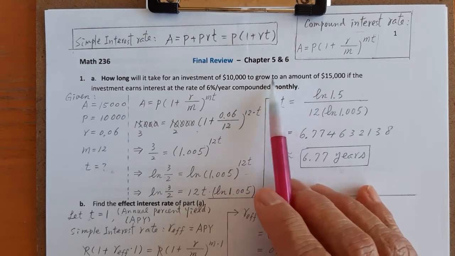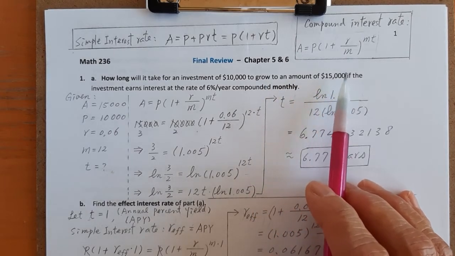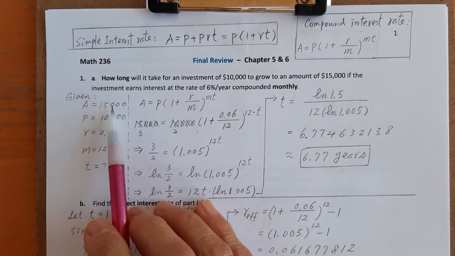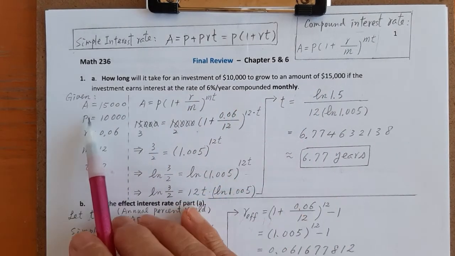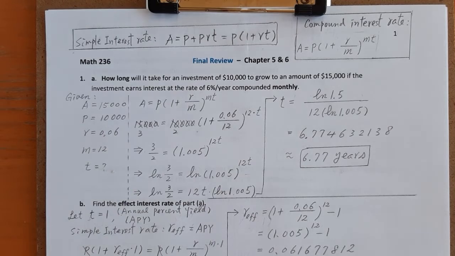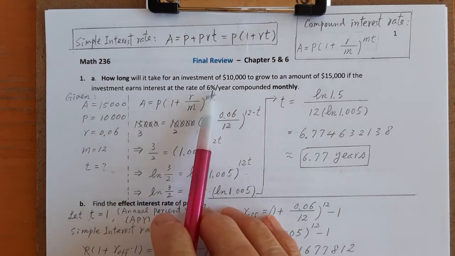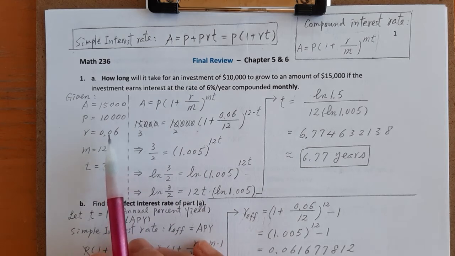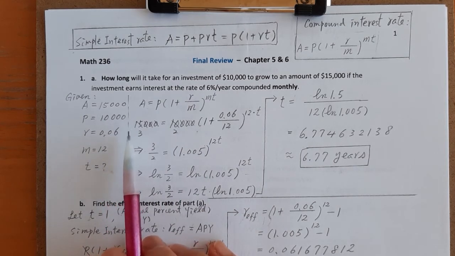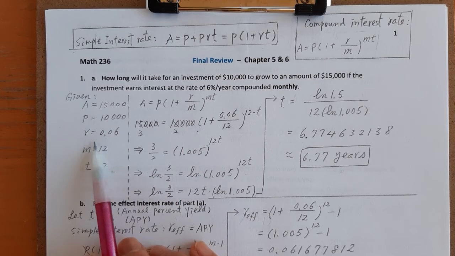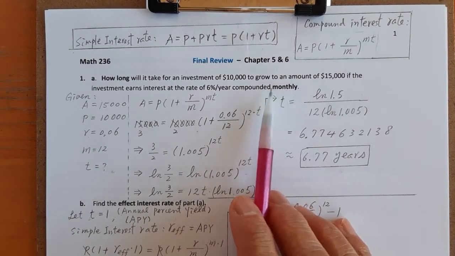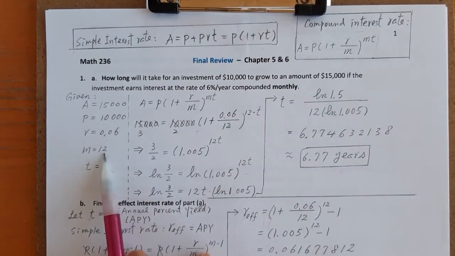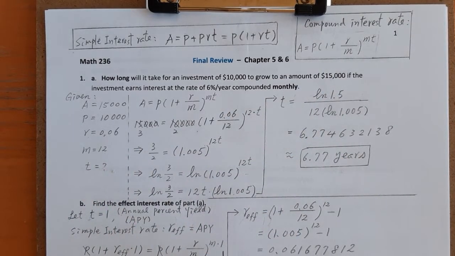The amount will grow to $15,000, so A is $15,000. Principal, $10,000, so P equals $10,000. The investment interest rate is 6%, transferred to decimal is 0.06. That is R. And compounded monthly, so M equals 12 per year, 12 months.